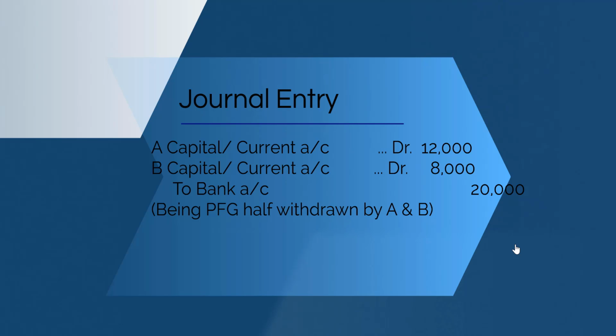We'll debit B's capital or current account with rupees 8,000, again half of the rupees 16,000 which was his share, and we'll credit bank account with rupees 20,000, the total amount which is withdrawn by A and B together from the firm. So narration being premium for goodwill half withdrawn by A and B.